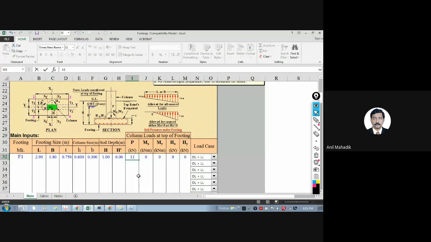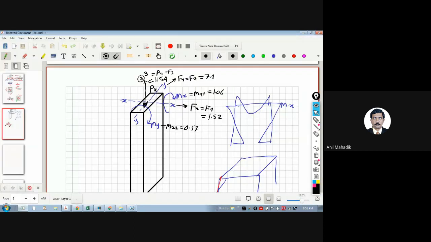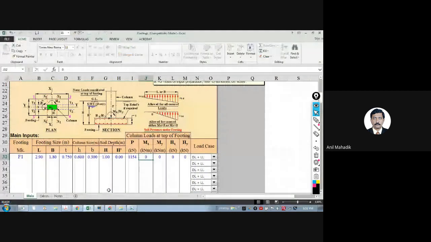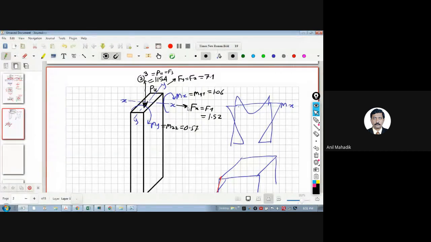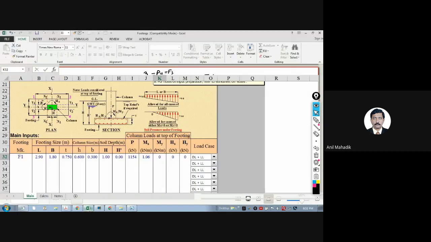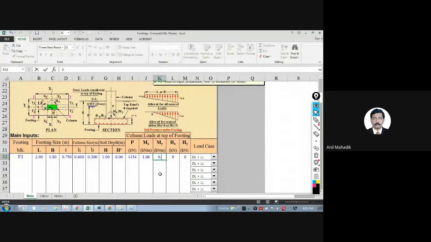Let's put these numbers here. Pu is 1154. Mx is 1.06. My is 0.57.